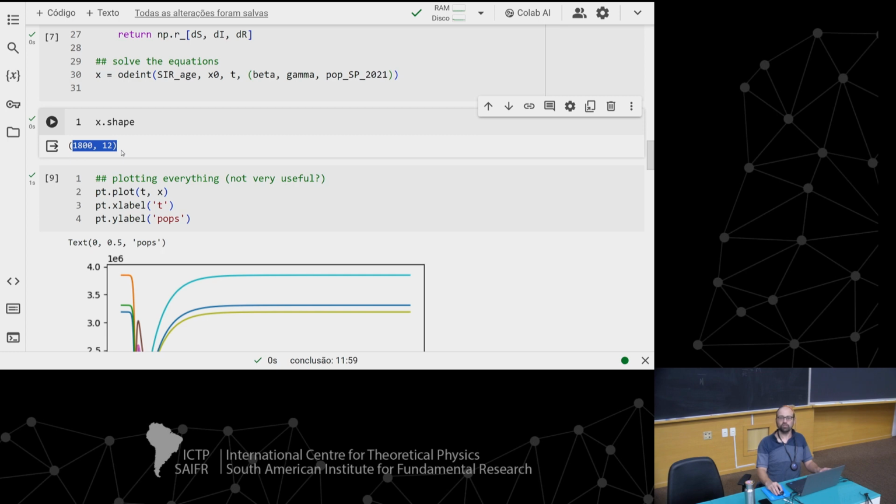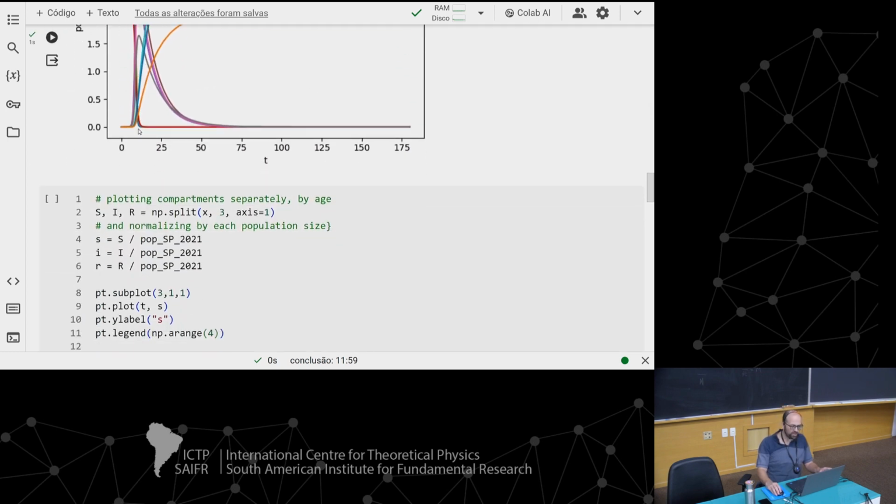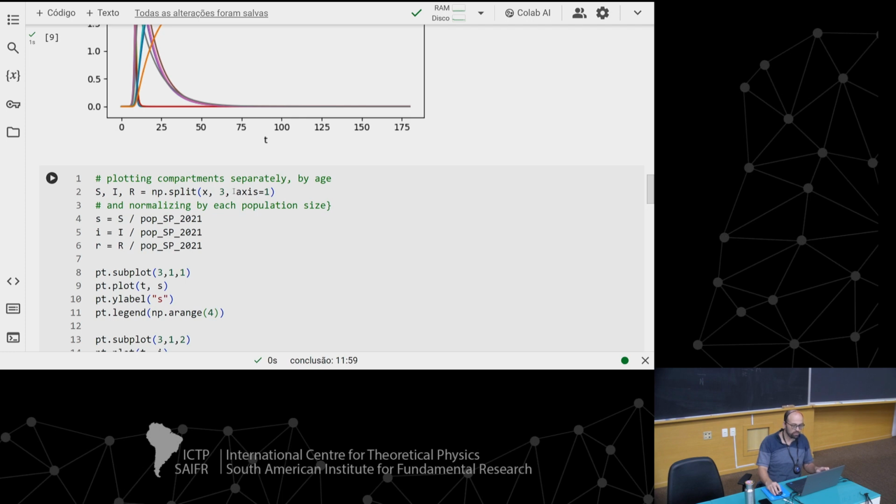I want to split not the whole stuff, but only the columns. So this split means split by the columns, not the lines. This split here means that S now has 4 columns and still has 1,800 lines.